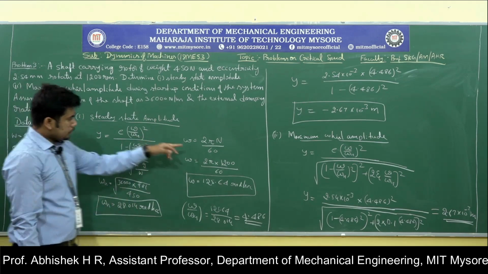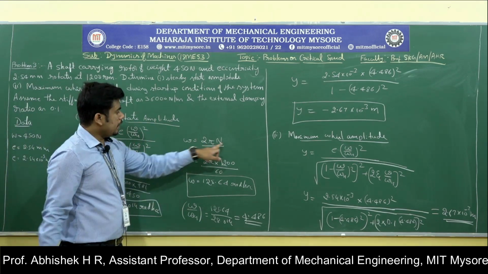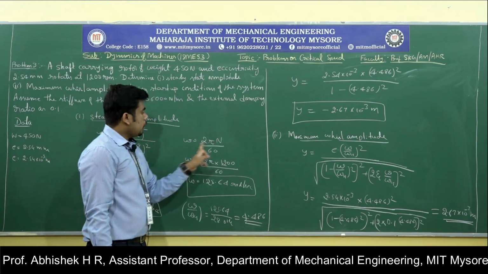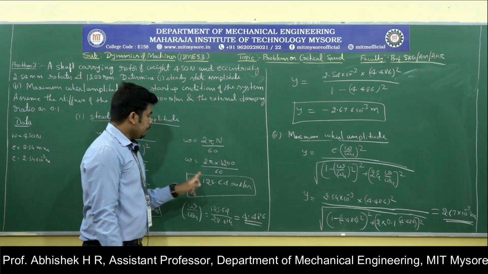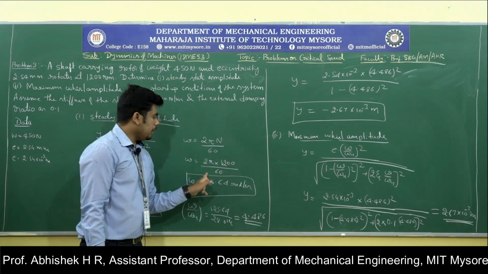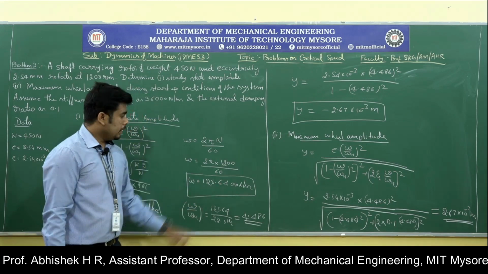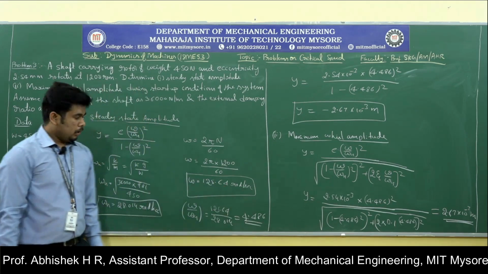Now I know the rotational speed, n 1200 rpm, so omega is equal to 2 pi n by 60, so 2 pi into 1200 by 60. So we got omega is equal to 125.64 radian per second.